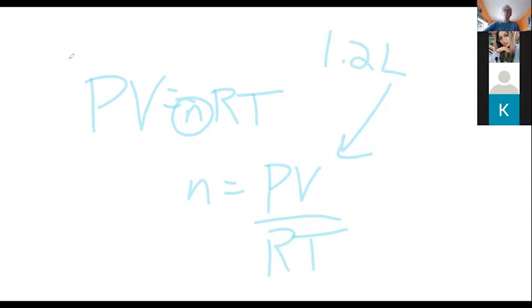Generally, the pressure is given, because this is America, in inches of mercury, which isn't terribly helpful because R doesn't have inches of mercury. You can look up an R with inches of mercury, but it's not the R we use. How do you go from inches of mercury to atmospheres?